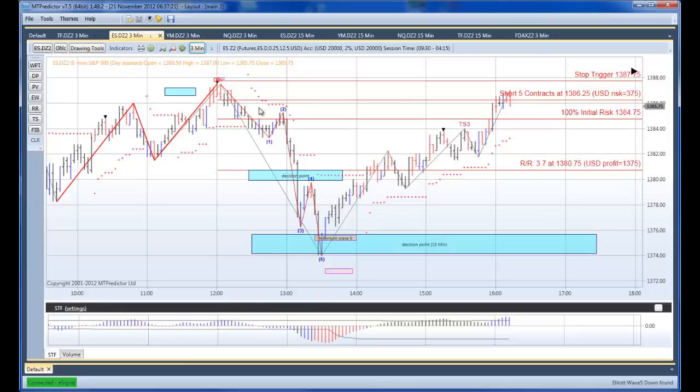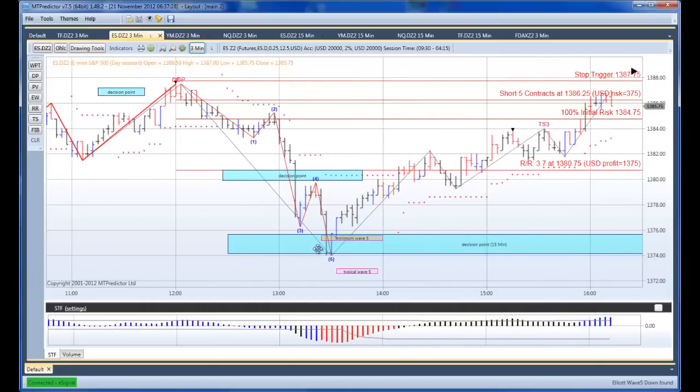So as you were short, when the market got into this area, you were both at decision point support on your 15-minute or larger degree chart and at a wave pattern signaling the decline was nearing an end.